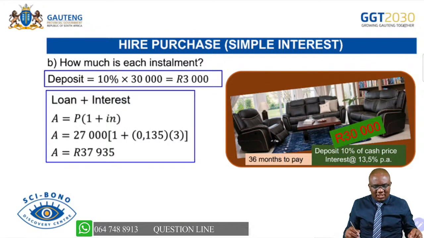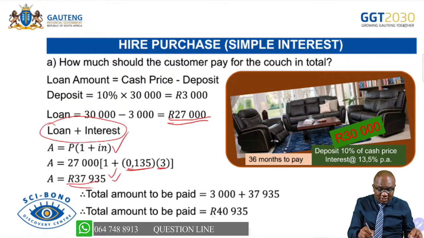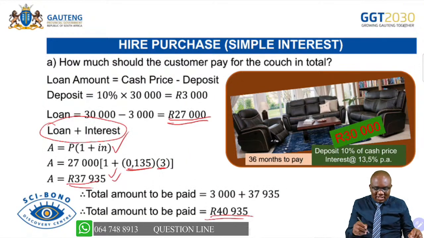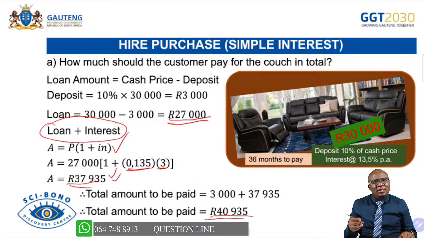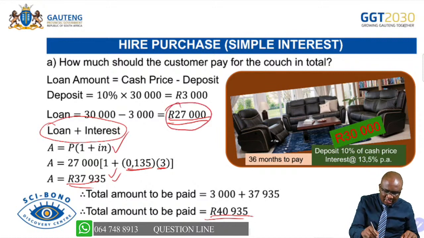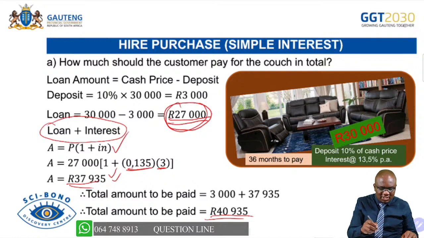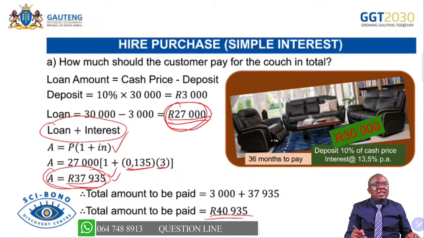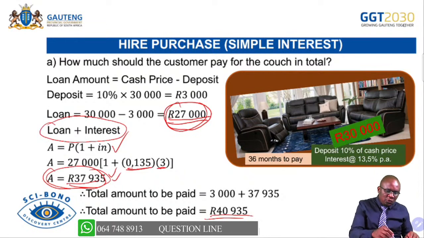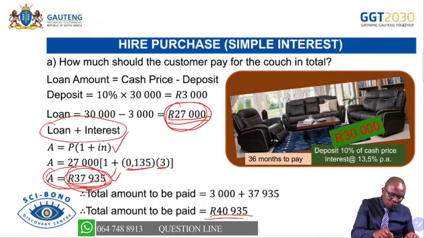Now, how much is each installment? Remember again, we just got an answer which is 40,935. But this answer involves what? The deposit. But what did we say? We said that they took a loan of 27,000, and then we charged interest, and then the amount became 37,935. So now for the monthly installment, we are using this amount, this one.